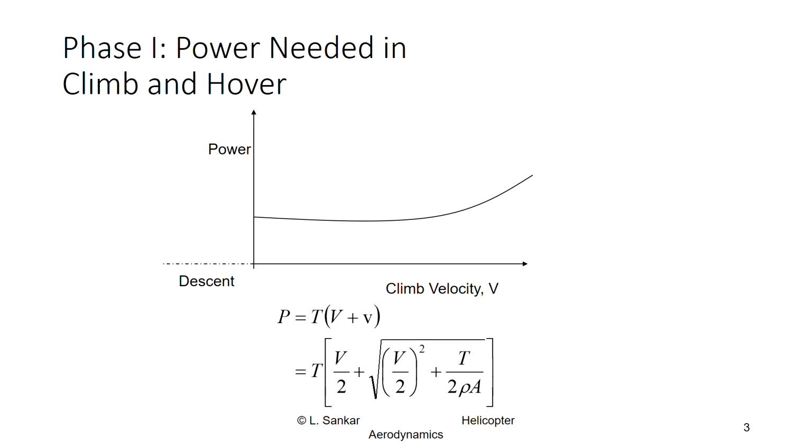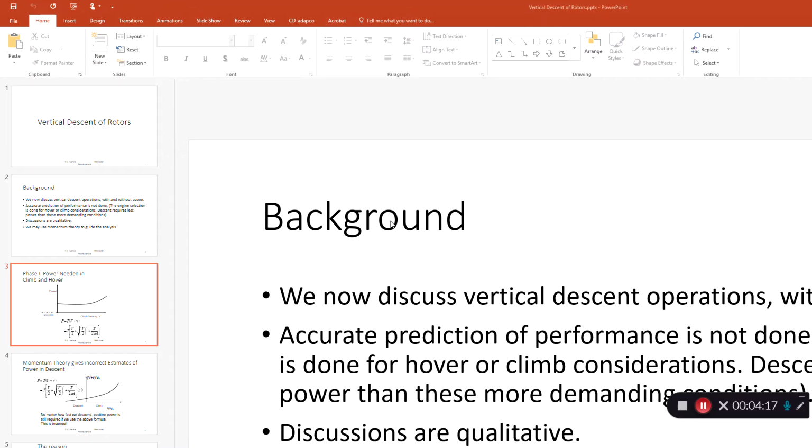Asymptotically, at very, very large values, capital V over 2 would be much larger than T over 2 rho A. That means the climb velocity is much higher than the induced velocity. Then the power will behave like P equal to TV, a linear curve.